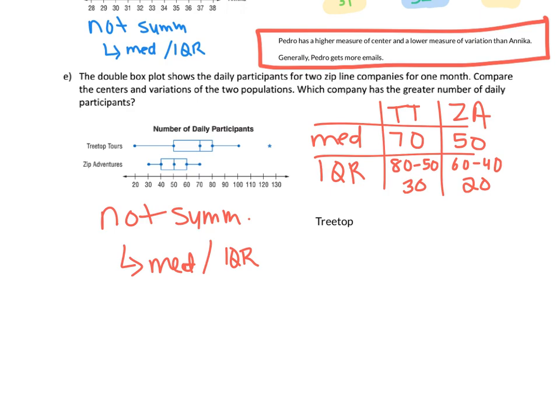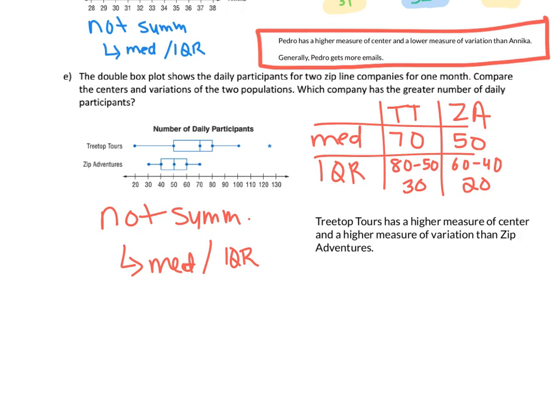So Treetop Tours has a higher measure of center and a higher measure of variation than Zip Adventures.